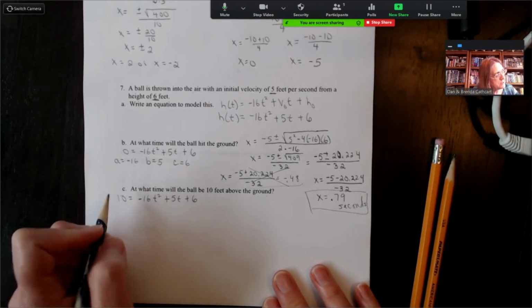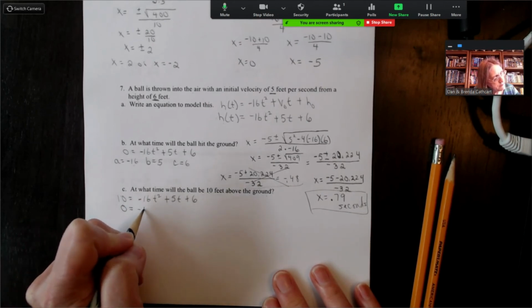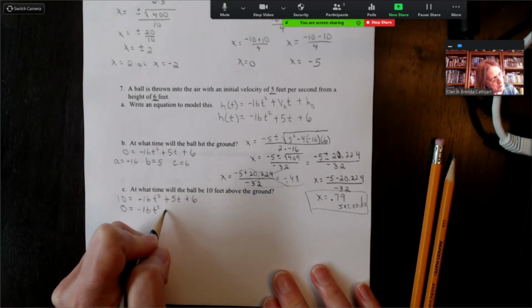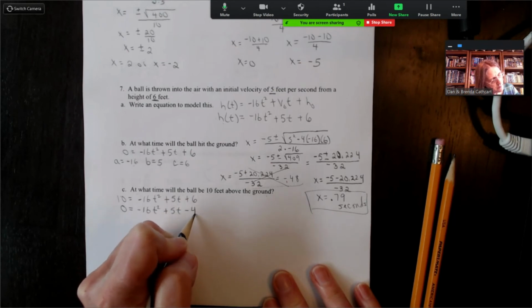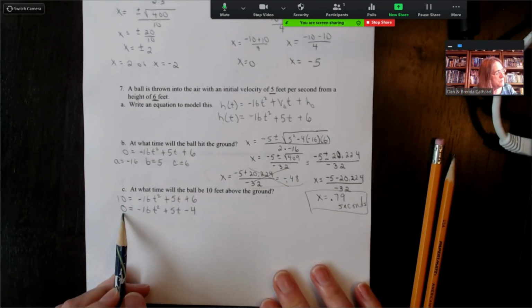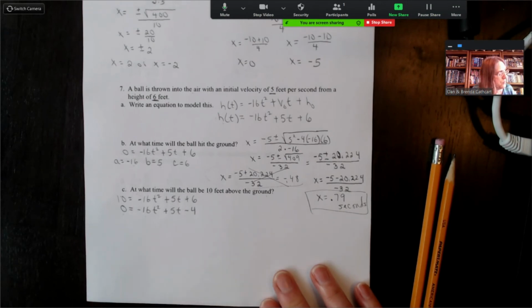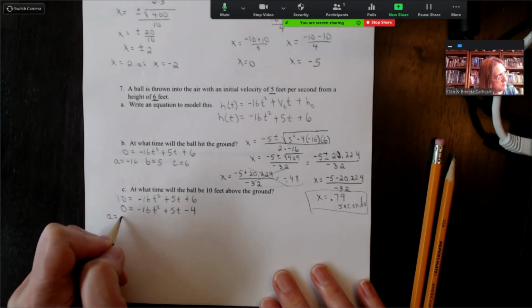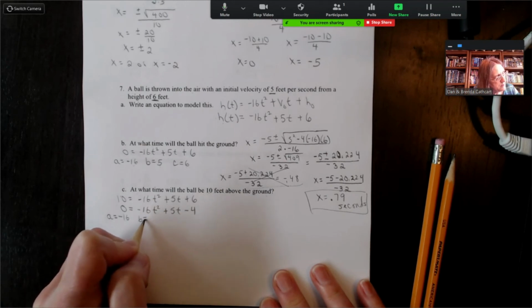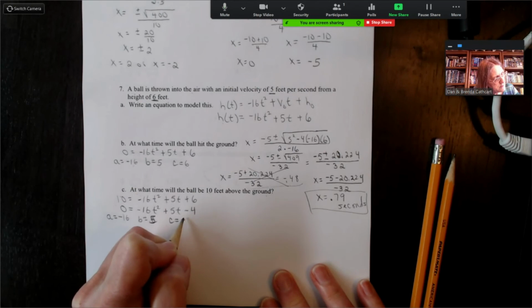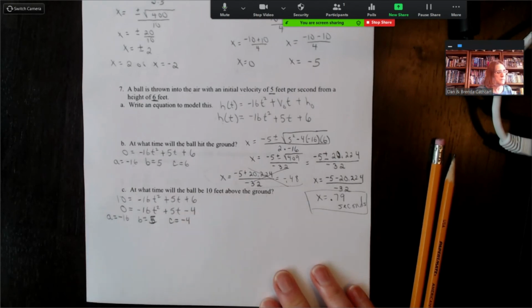So we're going to subtract 10 to get one side equal to 0. Subtracting 10 gives us an equation of 0 equals negative 16t squared plus 5t minus 4. So our A this time is negative 16, our B is 5, and our C is negative 4.